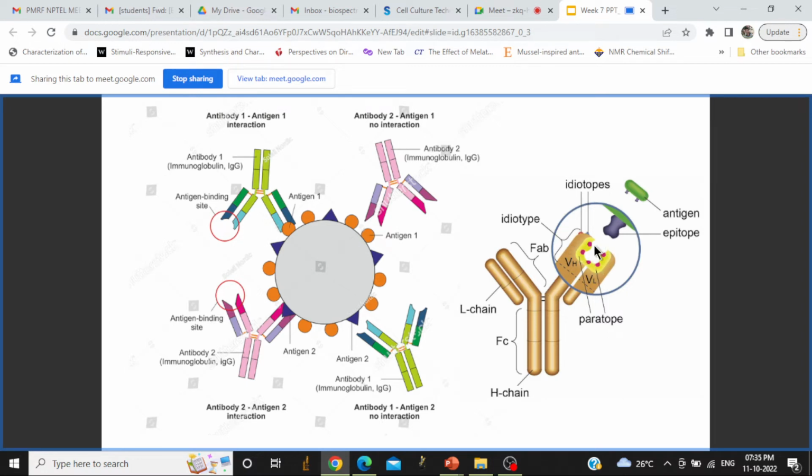So here the sequence of the paratope is such that it will only bind to this antigen, to this epitope only. So that's why they are specific, and they will not bind to just any type of antigen. Even if there is a 0.1% difference between two antigens, they will specifically recognize only the antigen for which they are made in the cell, from the B cells.